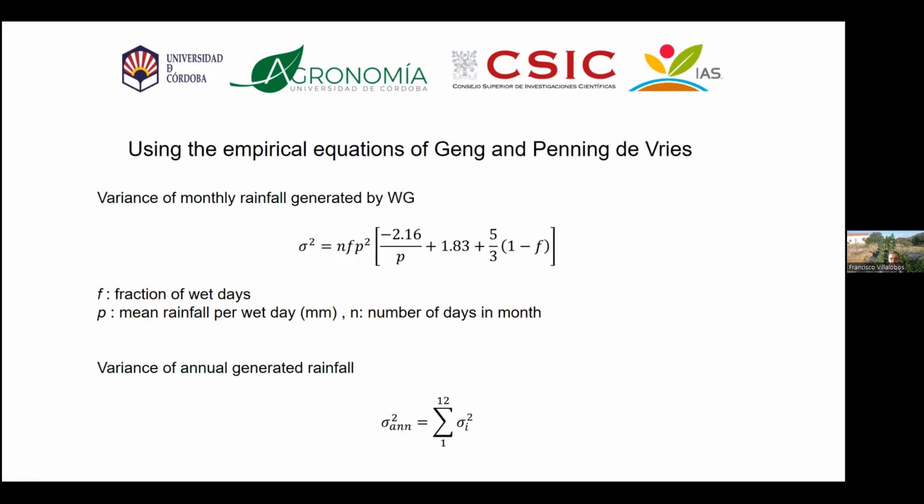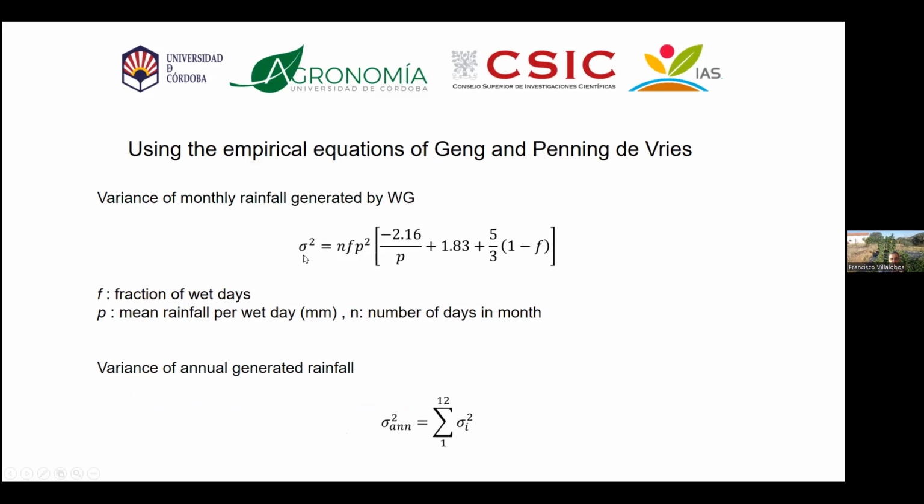There was a very interesting paper by Geng and Penning de Vries in '86, I think it was, that showed that those transition probabilities are related to the mean frequency of wet days in a month. They showed that for many locations around the world. So if we use these equations, we come up with this simplified equation for calculating the variance of rainfall.